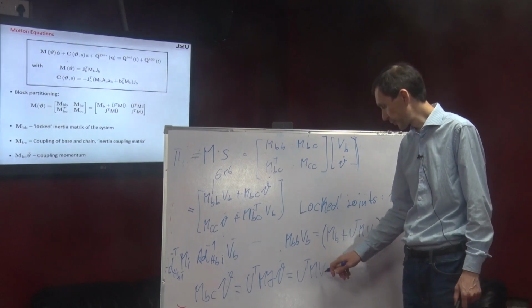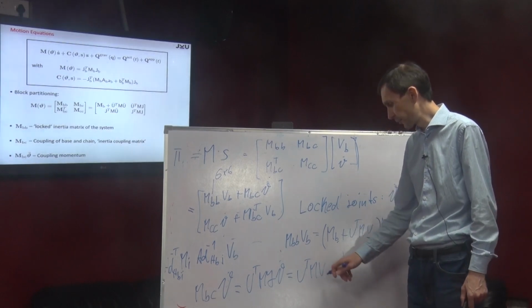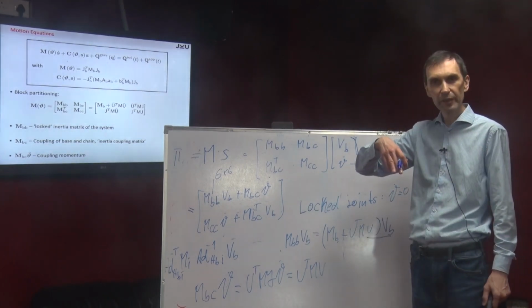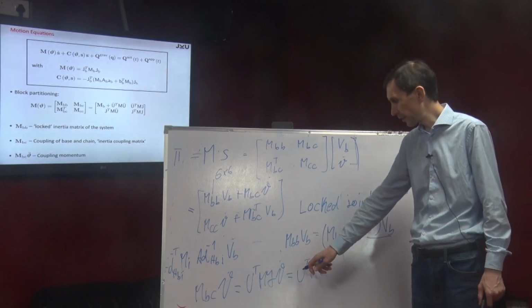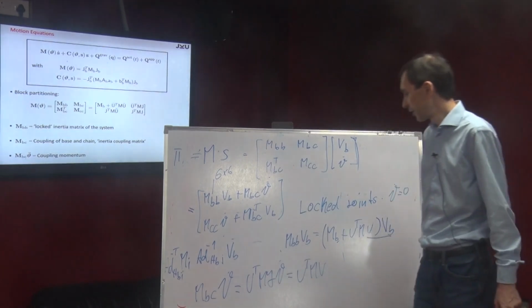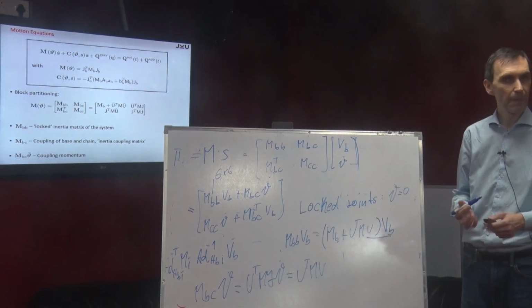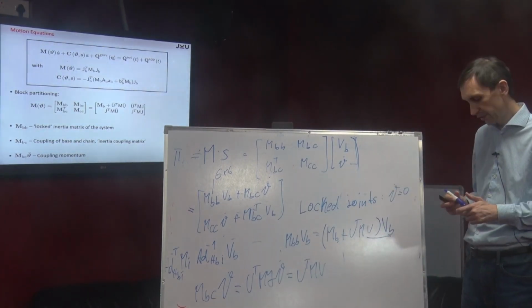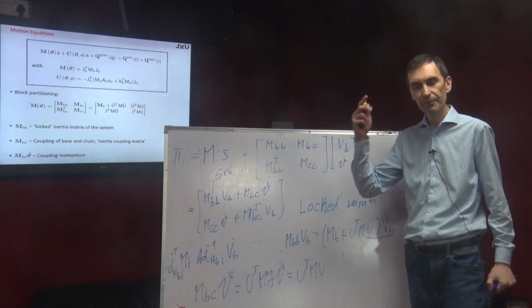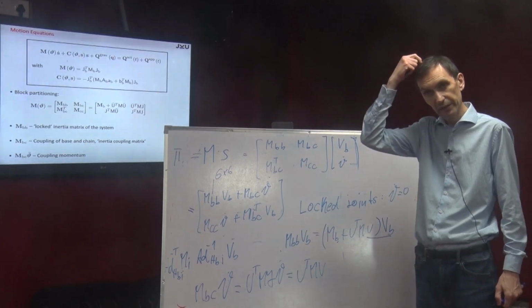Because you multiply M1 with V1, M2 with V2, which is in a system twist. And then you transform whatever you get back. The same argument here with this U transpose, because U transpose gives you this part back to the base. So essentially what you get is the momentum at the base due to the motion of the kinematic chain.